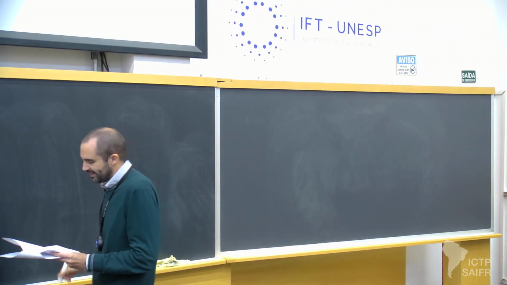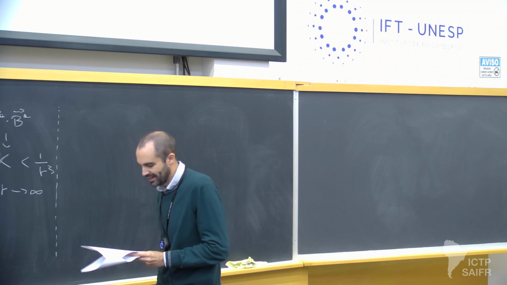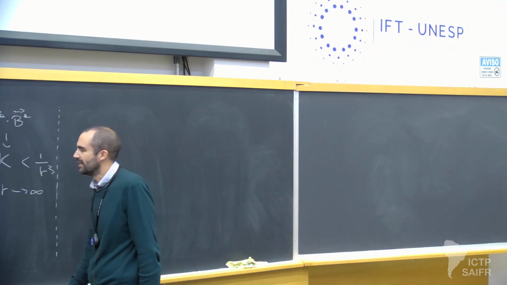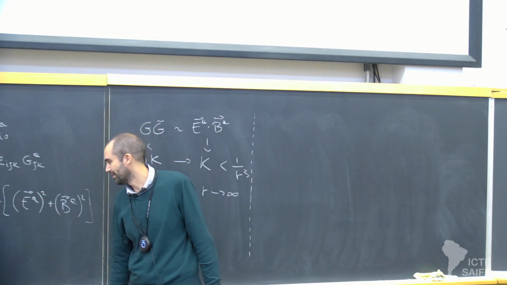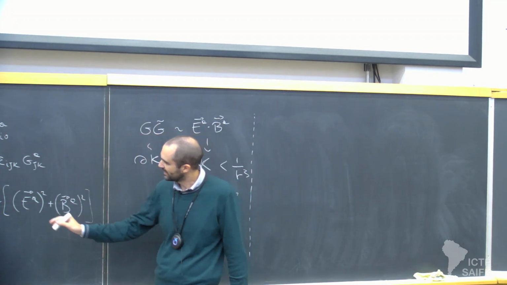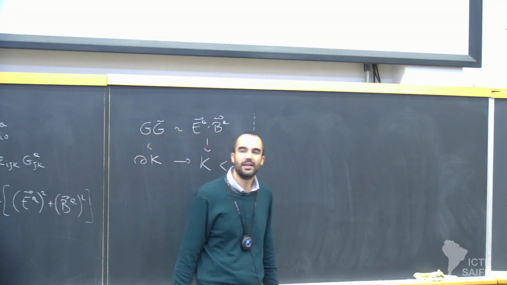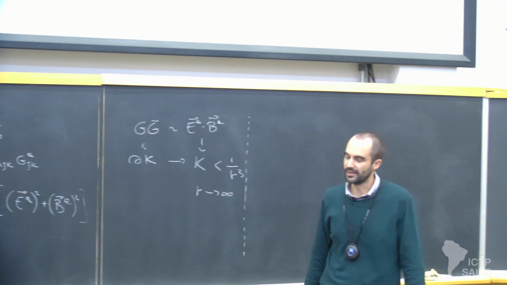However, there is an exception to this argument. We might ask if there are field configurations that don't decrease that fast at infinity, but still maintain the energy finite.